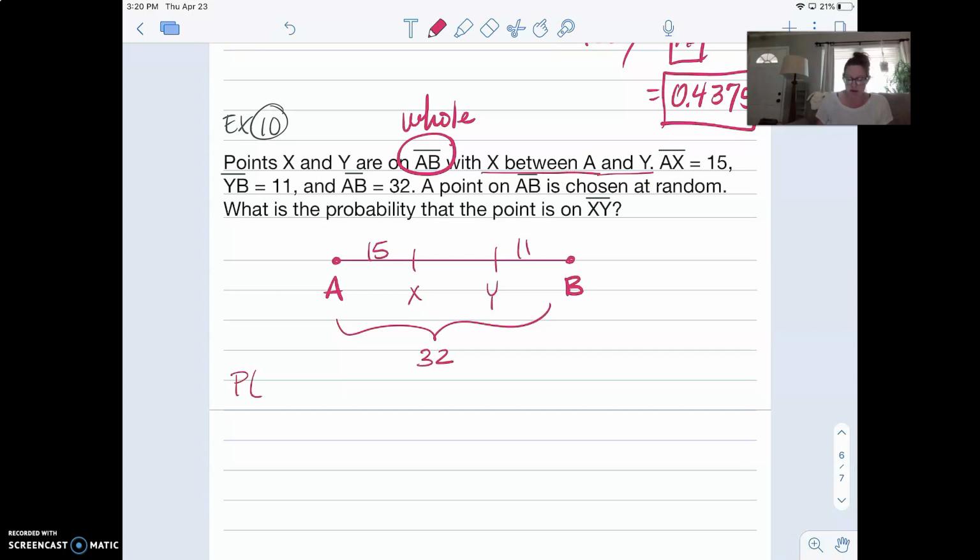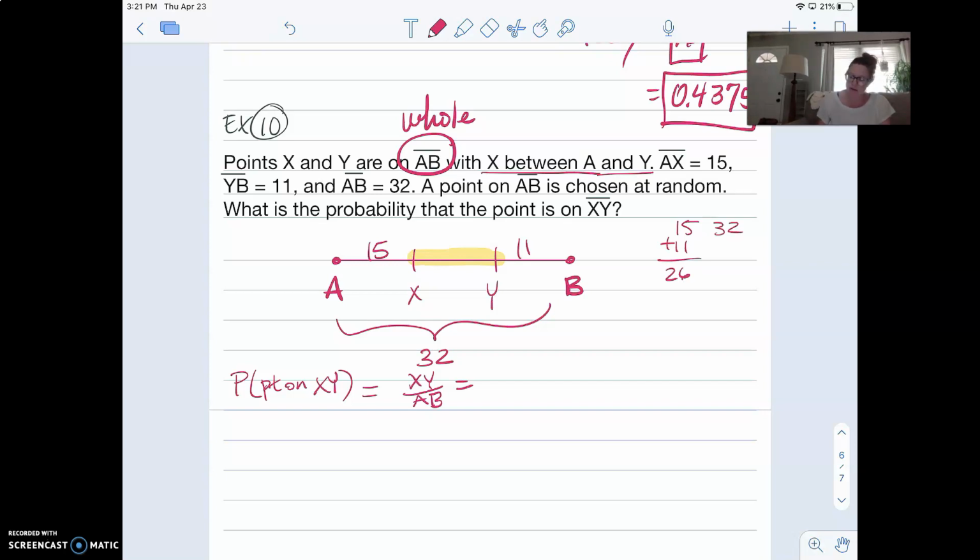So the probability that you get a point on X, Y, I'm going to highlight X, Y. So what I need for that is I need the length of X, Y divided by the whole length of AB. Easy peasy. So then you have to figure that out, right? So 15 plus 11 is 26.